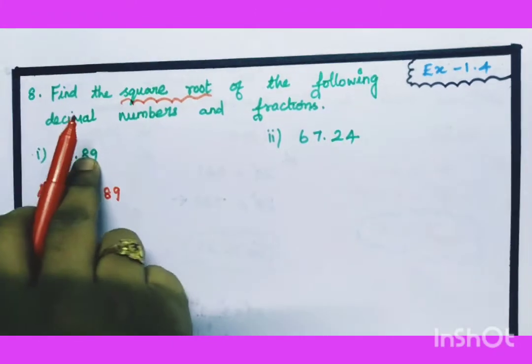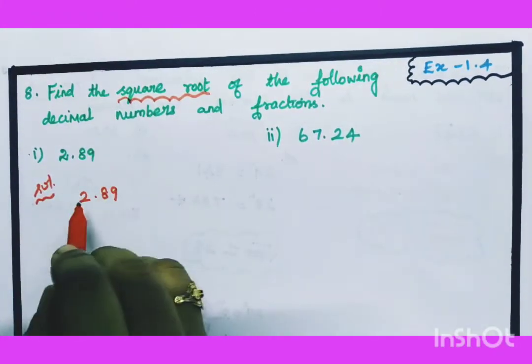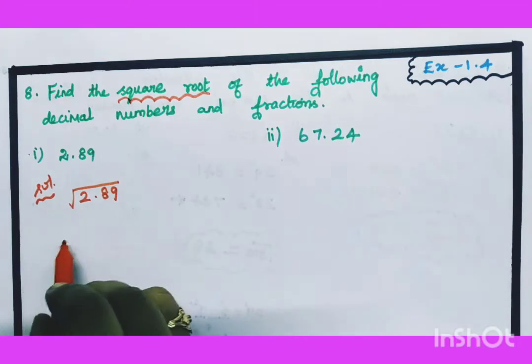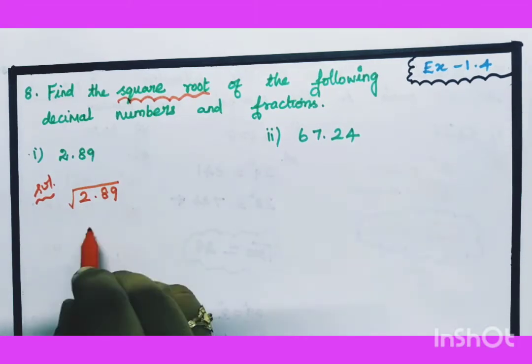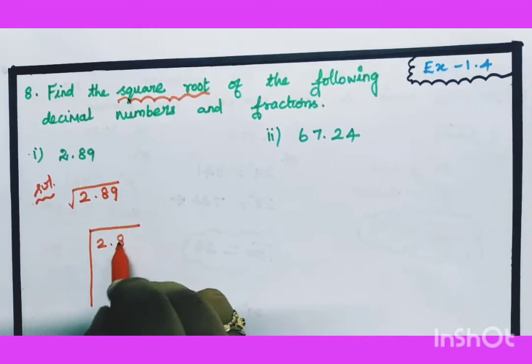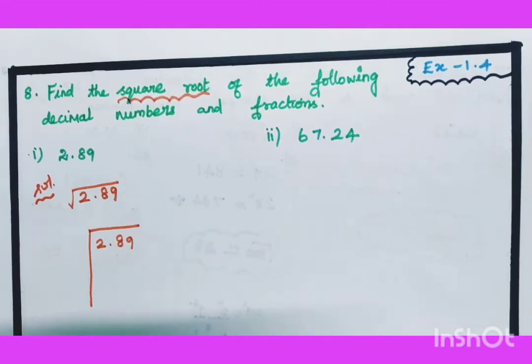This number is given, and we want to find out the square root. So I will write 2.89. So what was the next step I said? Yes, we want to make the pairs.